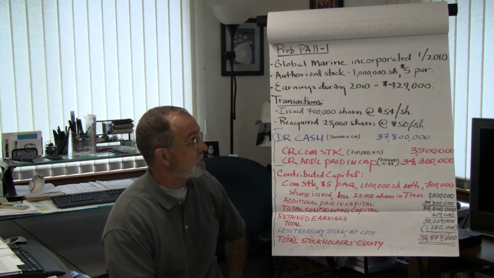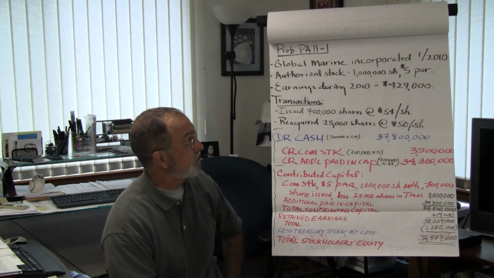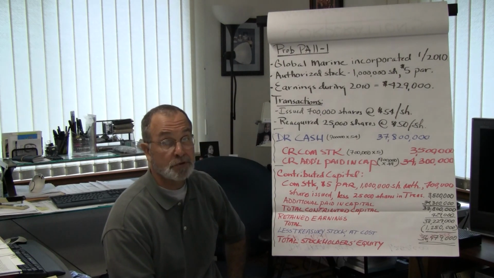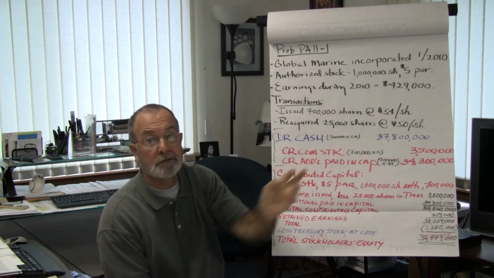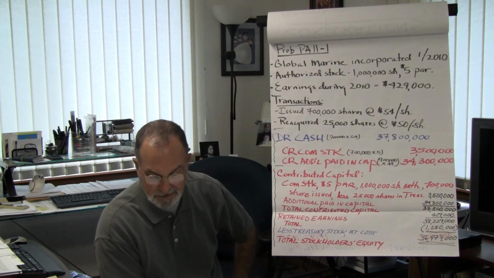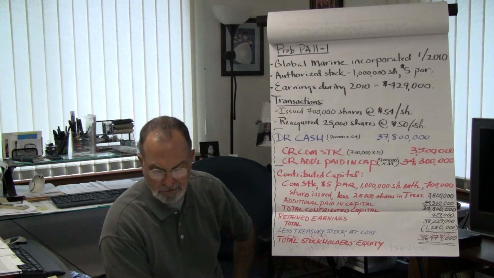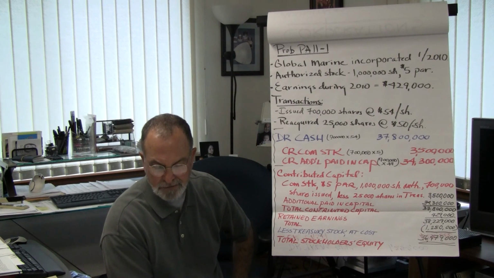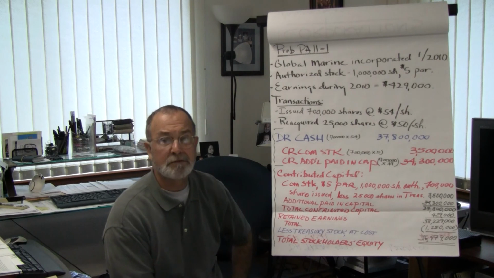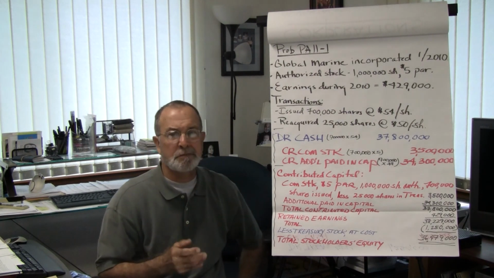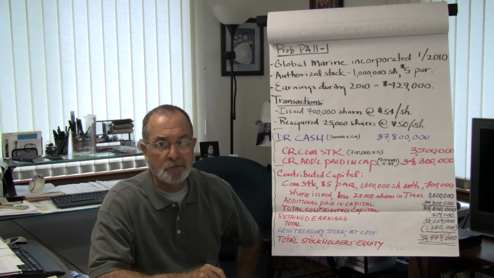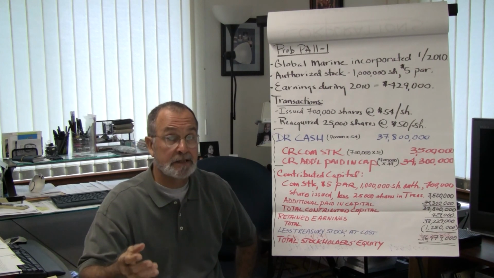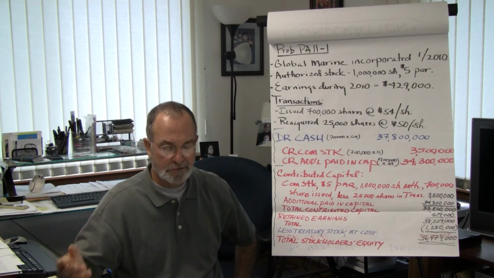And then at some later date during the year, they reacquired or repurchased 25,000 shares at $50 a share. And it says that the reason for the repurchase of stock was to use as stock incentives for senior management. So this would be one of many reasons why corporations would want to buy back outstanding shares of stock.